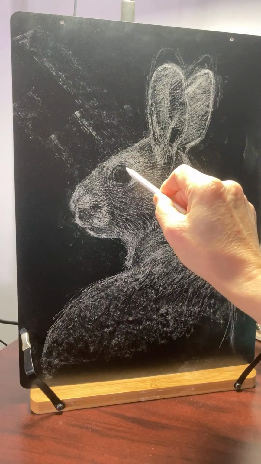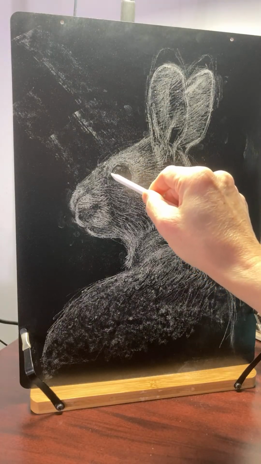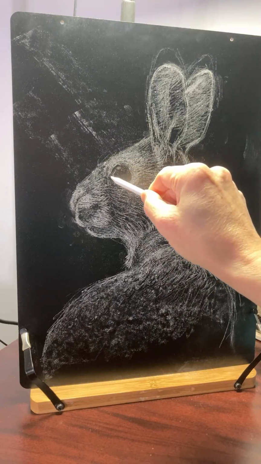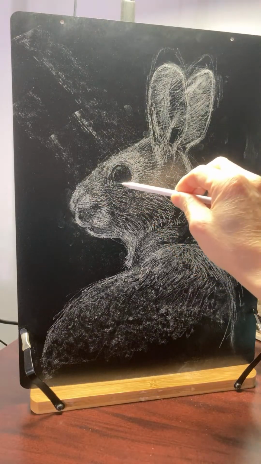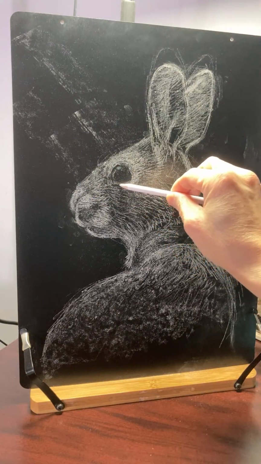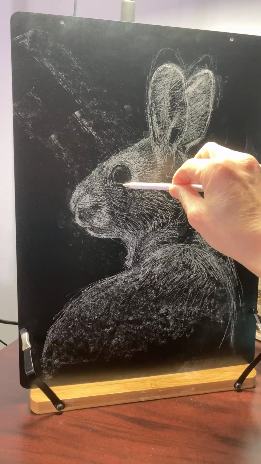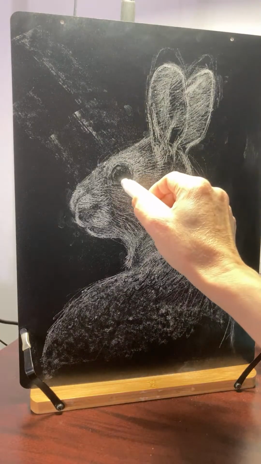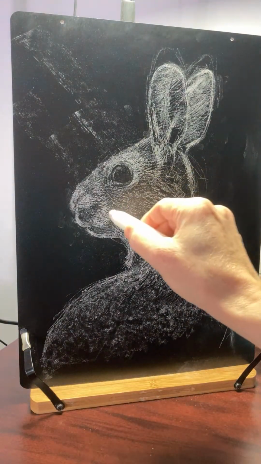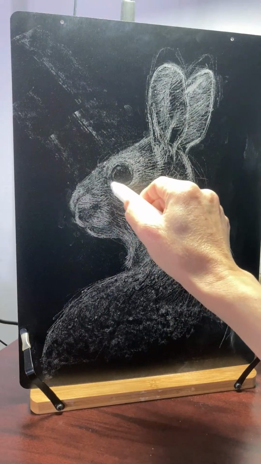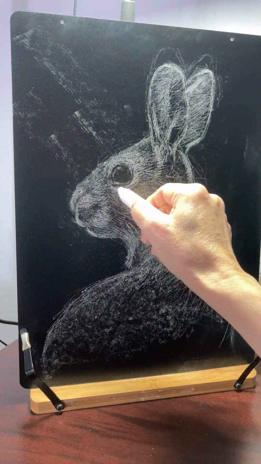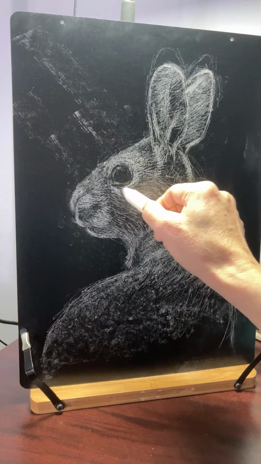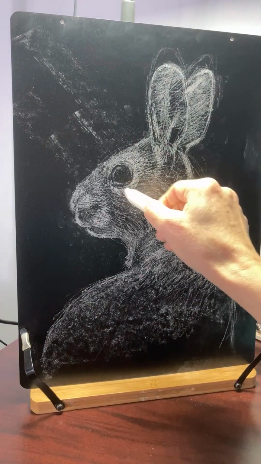Okay, so I draw the shape. Okay, and then this is the eyelid here. And this eye circle around. The eyes got very bright hair, fur right there.